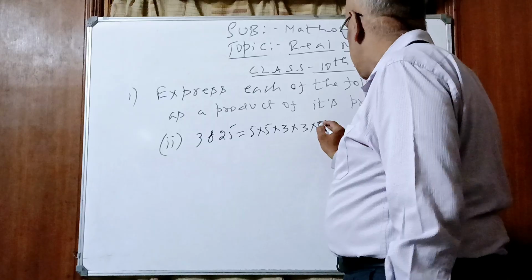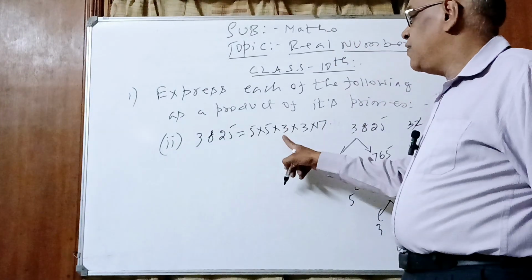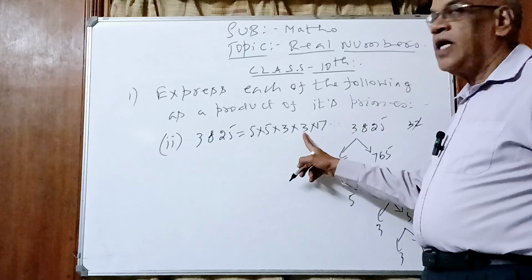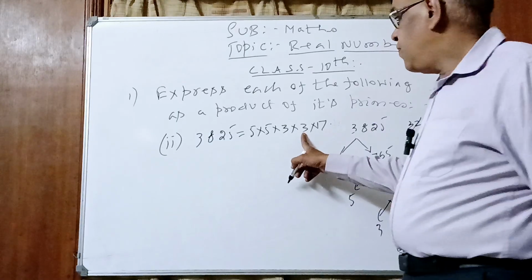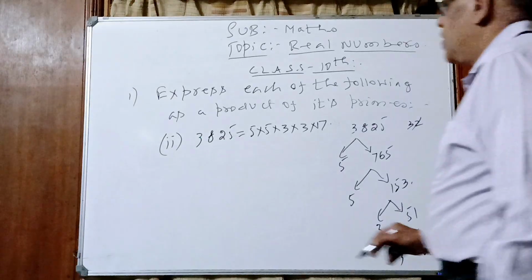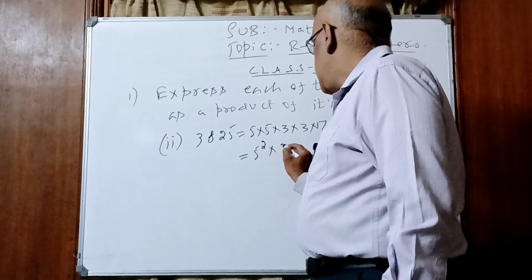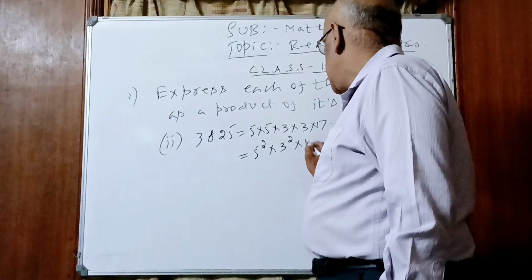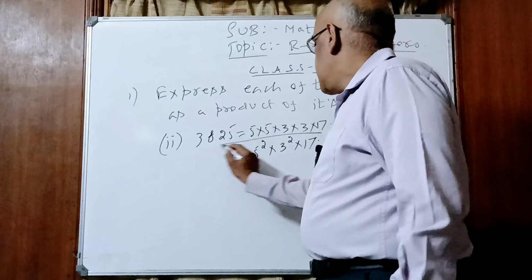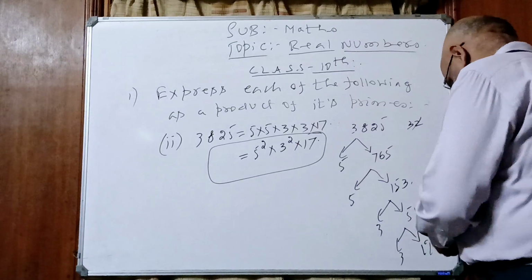Not 7, 17. 5 5s are 25, 25 3s are 75, 75 3s are 225. Into 17 we get 3825. So 5 to the power of 2 into 3 to the power of 2 into 17 is our answer. Yes or no, children? Yes.